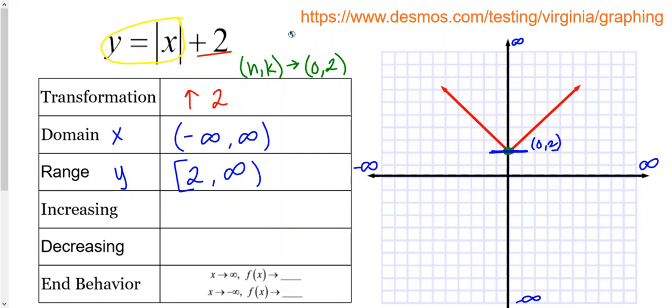All right, now let's talk about increasing and decreasing. That part gets a little tricky. I'm going to pull up the star here. Hopefully that'll help. Whenever we're talking about increasing and decreasing, we always start on the left side, and we only care about the x values.